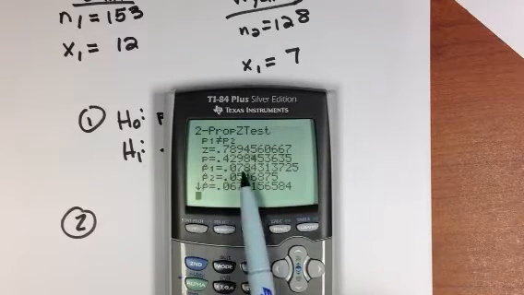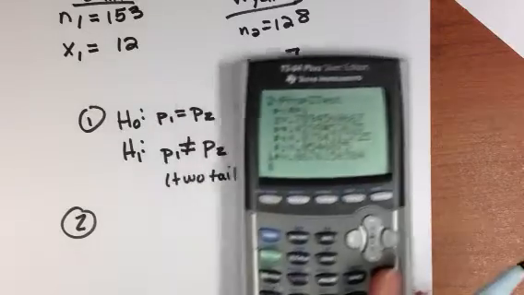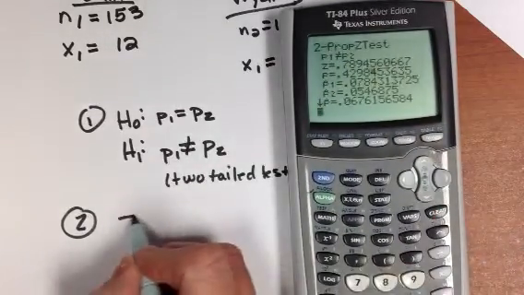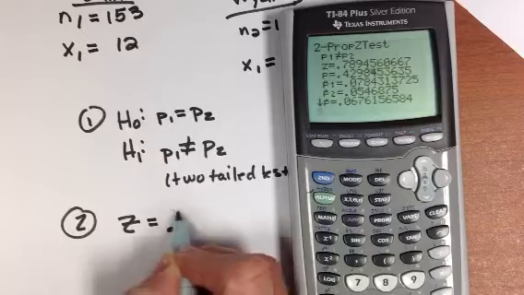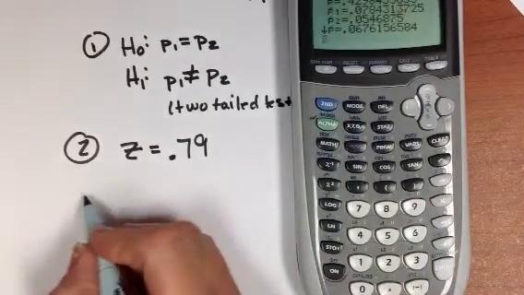It gives me my test statistic as well as my p-value. It also gives me my p-hats if I want to know those. So in step 2, my Z test statistic is 0.79. I always round these to 2 decimal places because the critical region is 2 decimal places.